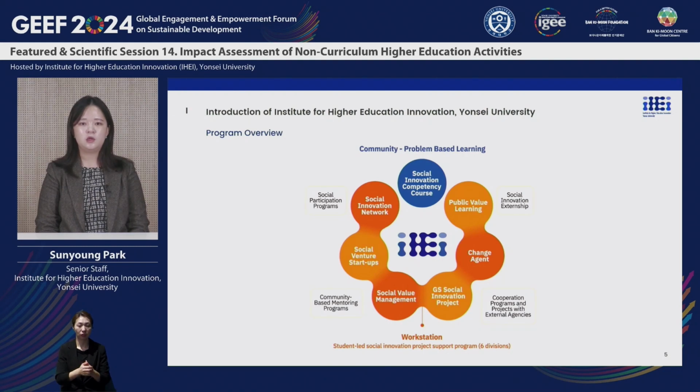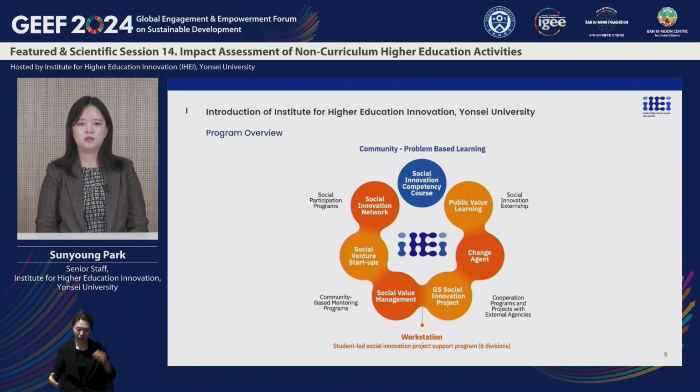Our program is broadly structured as a dual-track system with a curriculum-based program and extracurricular program. It is designed to maximize synergy between programs by combining theoretical learning with hands-on experience. In our curriculum-based program, over 40% of enrolled students participate, with a cumulative total of over 36,000 students. Additionally, our extracurricular program includes various initiatives such as social participation programs, social value internship programs, and community-based mentoring programs.